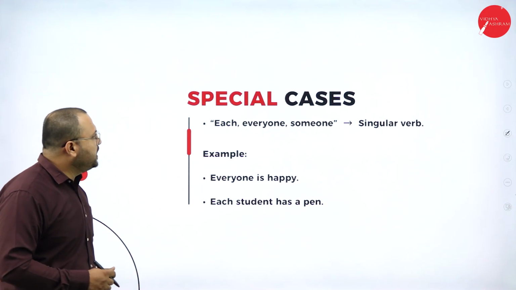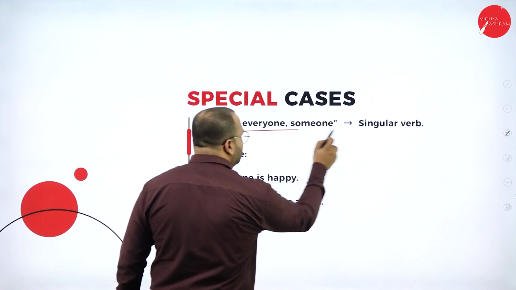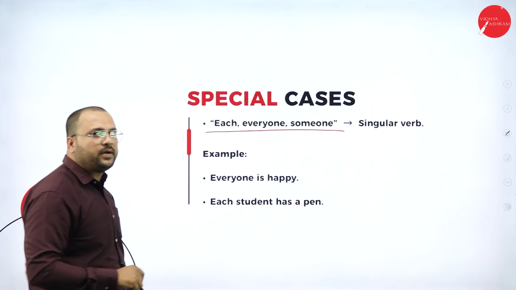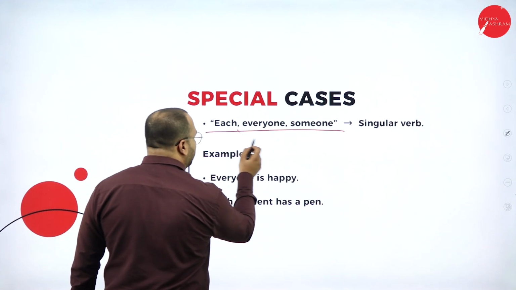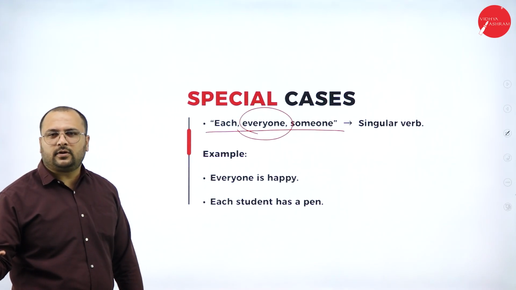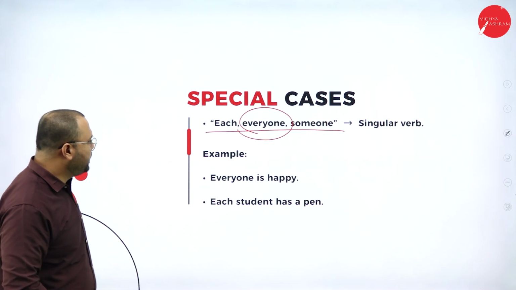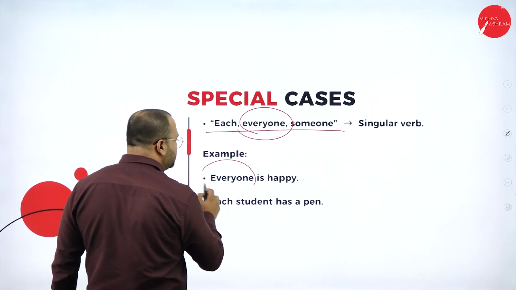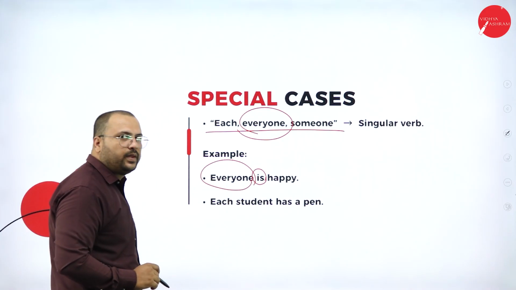Special cases: each, everyone, someone, these are all singular subjects. So you have to use a singular verb. When we talk of this word everyone, we think that we are talking about everybody as a whole. No, it is not the whole. It is singular, each individual. When you say everyone, you have to use a singular verb.